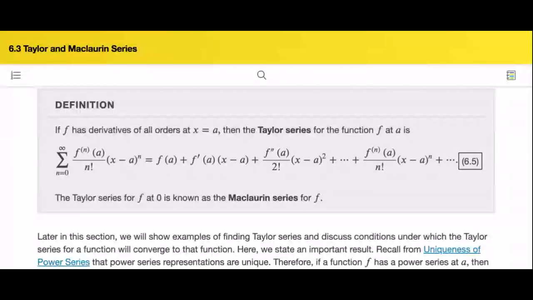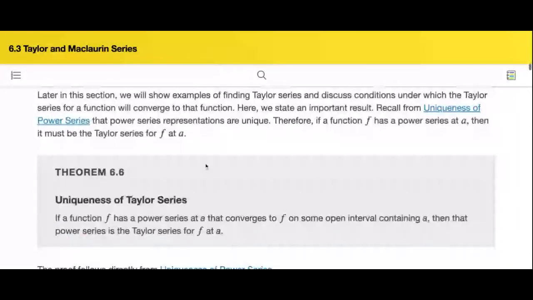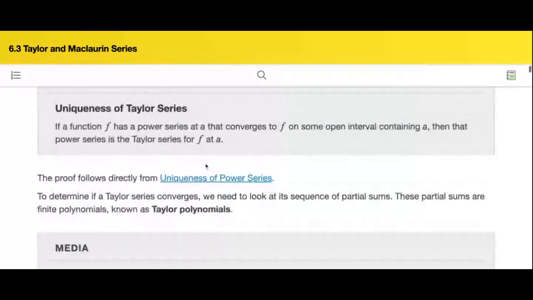And the Maclaurin series is just a special Taylor series where a equals 0. In general, we just call it Taylor series, but when the center is 0, we call it Maclaurin series. Let me know if anyone has any questions.